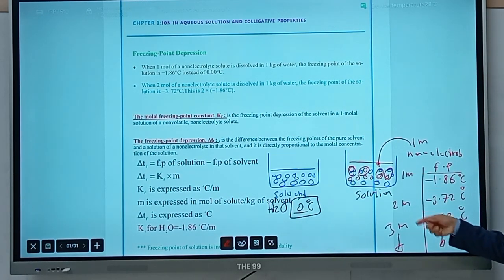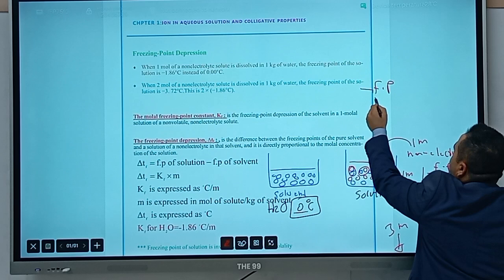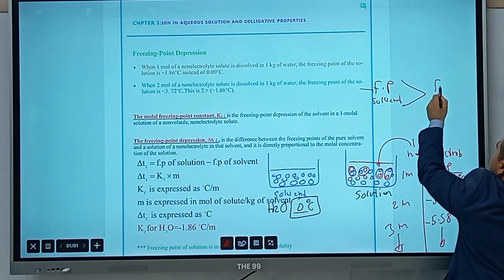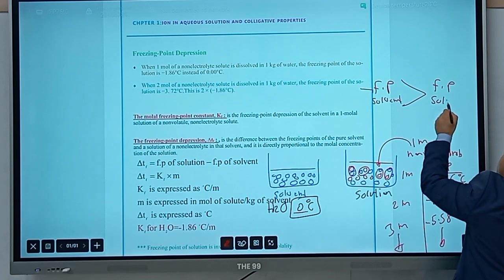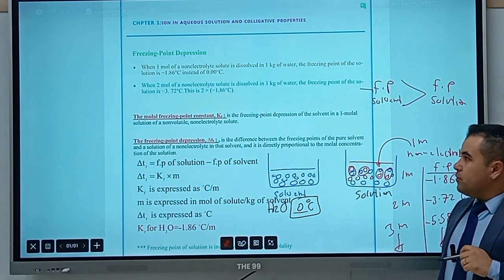So as we add more solute to the solution, what happens to the freezing point of the solution? It is lowered more. We can conclude that the freezing point of the pure solvent is higher than the freezing point of solutions. This is the first conclusion.